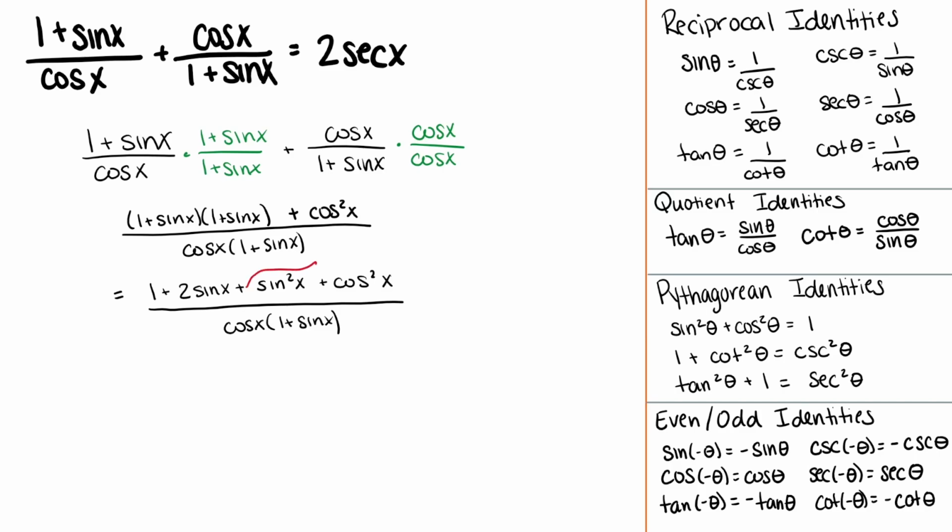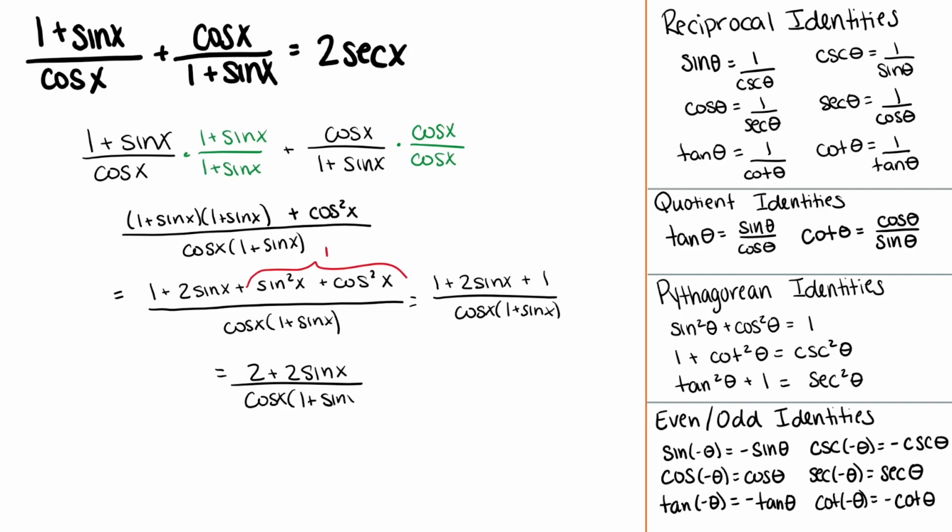Sine squared x plus cosine squared x is 1. So we can rewrite this as 1 plus 2 sine x plus 1 all over cosine x times 1 plus sine x. So then we can say 2 plus 2 sine x over cos x times 1 plus sine x.